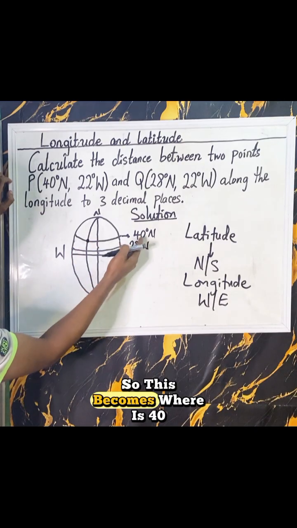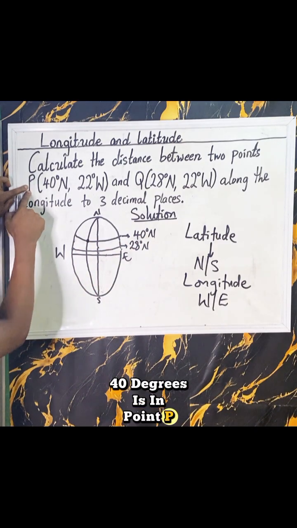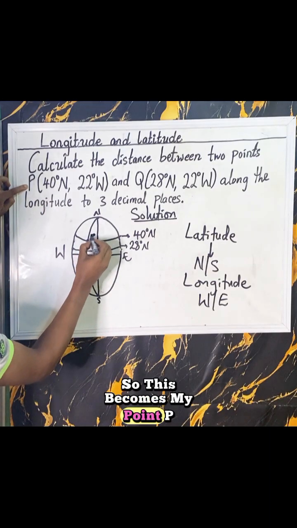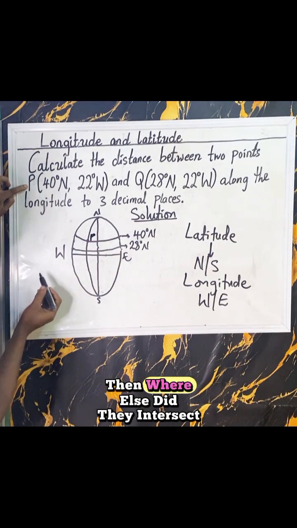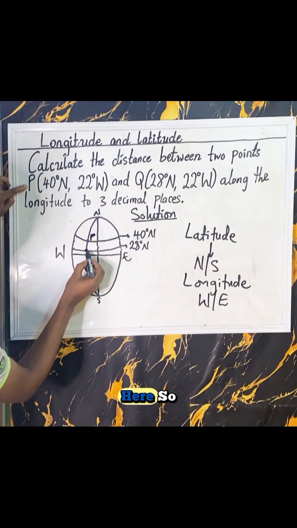So where is 40 degrees? 40 degrees is in point P. So this becomes my point P. Then where else did they intersect? Here.